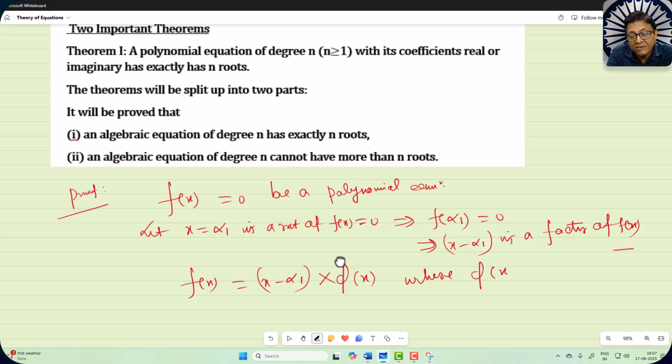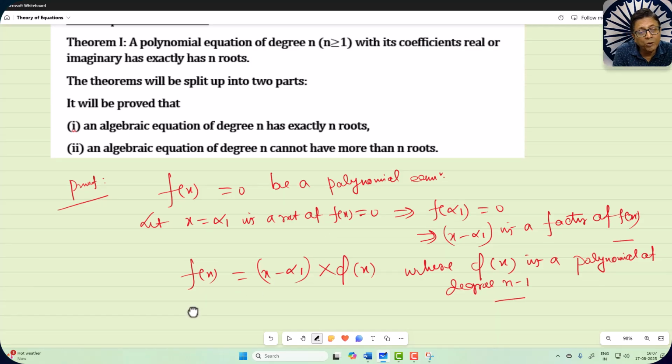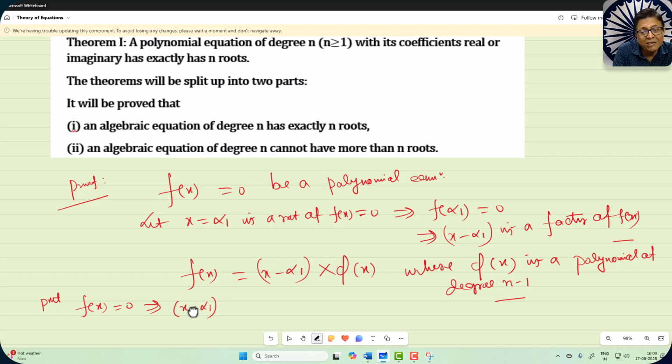where phi(x) is a polynomial of degree n minus 1. Now, when we put f(x) = 0, because this is the algebraic equation, (x minus alpha 1) phi(x) = 0.